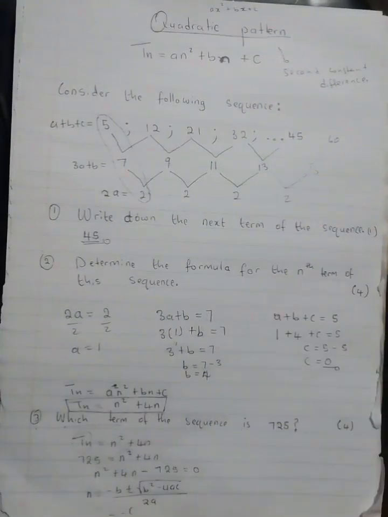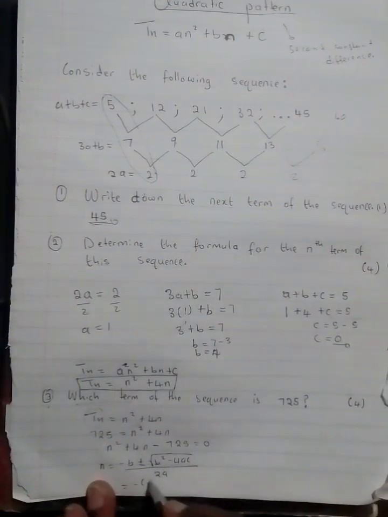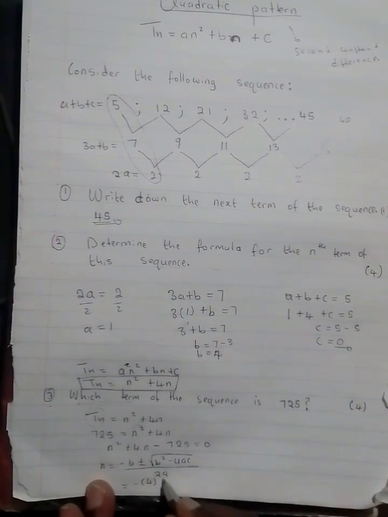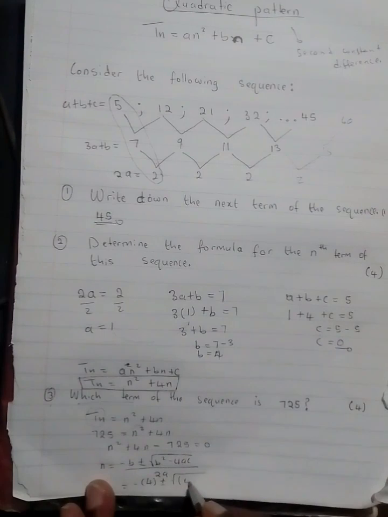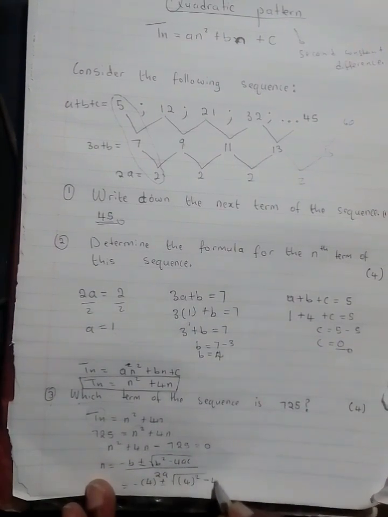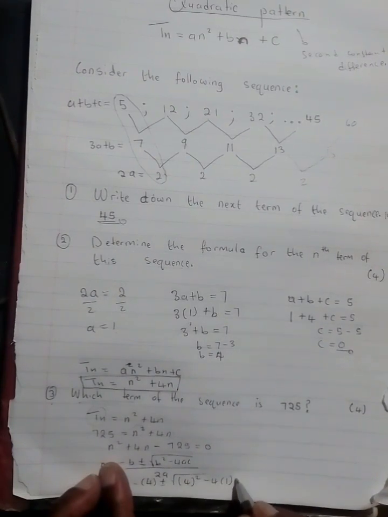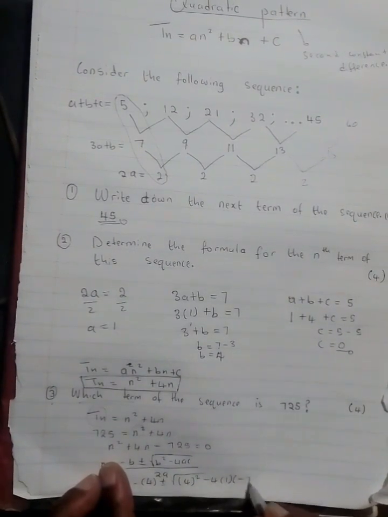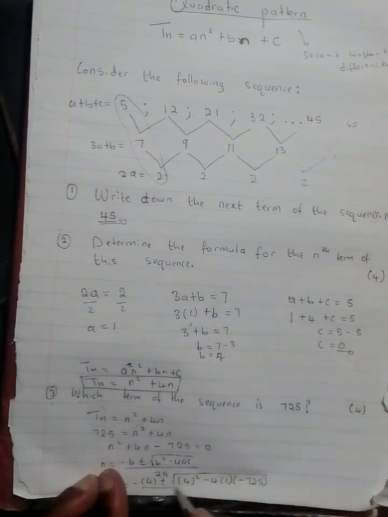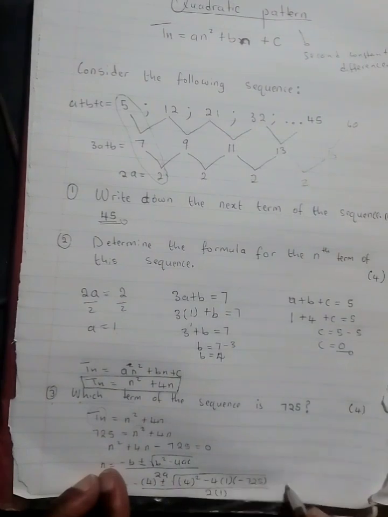So the value of b is going to be the coefficient of n, which is 4, plus or minus 4 squared minus 4, a is the coefficient of n squared, which is 1, and c is the constant, which is negative 725, all over 2 into a, which is 1.